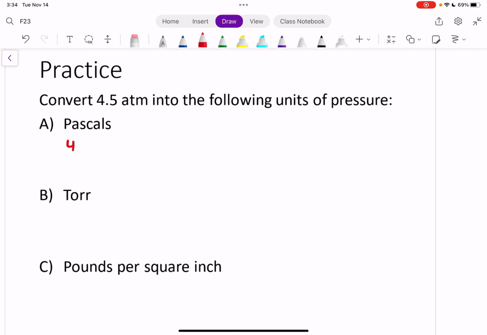So if we start with what we're given, which is 4.5 ATMs, just like any conversion problem, we can create a conversion factor that can go here. Now, in order to create a conversion factor, we need an equality that relates the units that we're converting, right? We have ATMs and we have pascals. So we need some kind of equality that relates those two units.